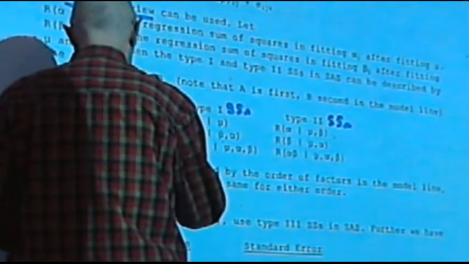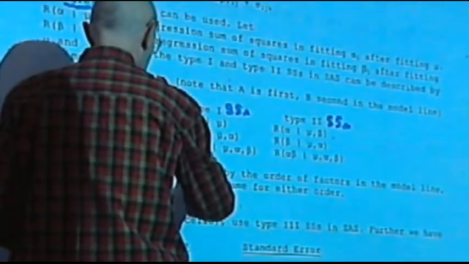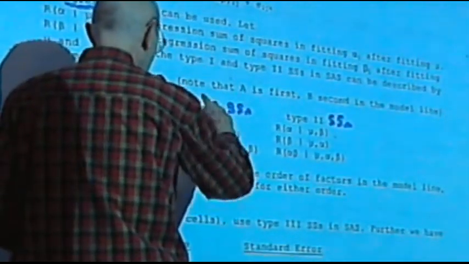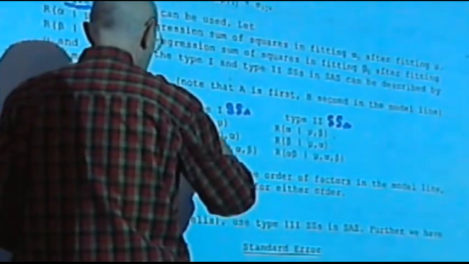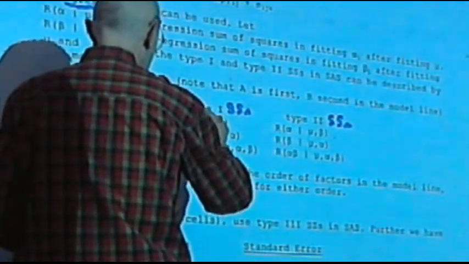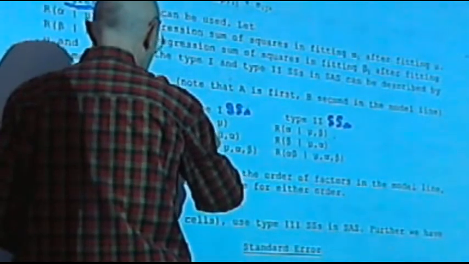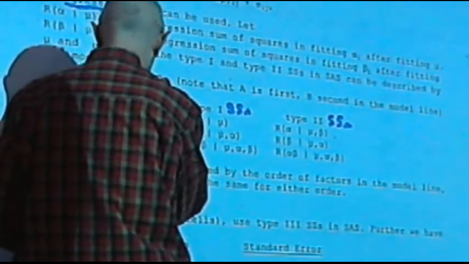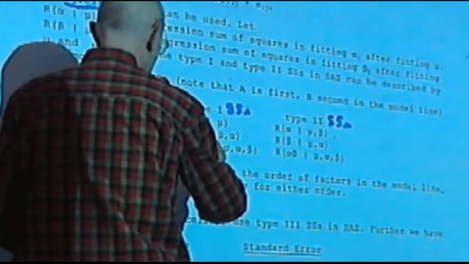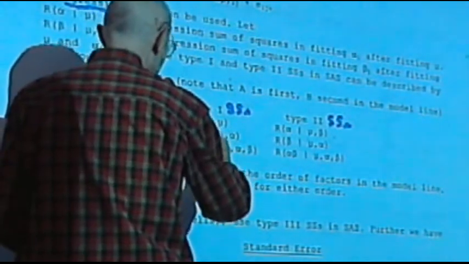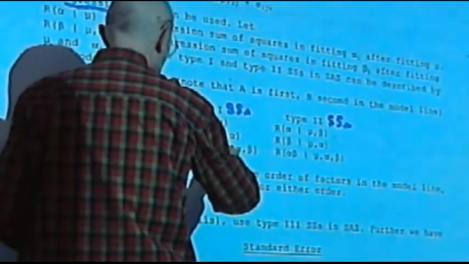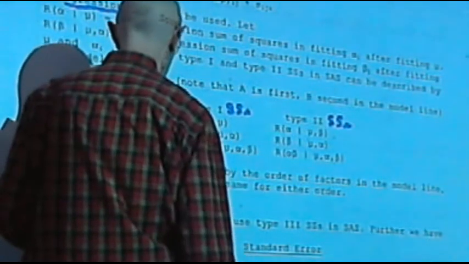And the one you type in second is going to go here. So the point is that in type 1 sums of squares, you're first of all going to be fitting the alpha parameters, and then secondly, on B, you're going to be fitting the beta parameters after you've fitted the overall mean and the alpha parameters.